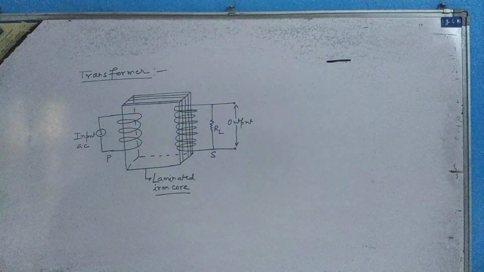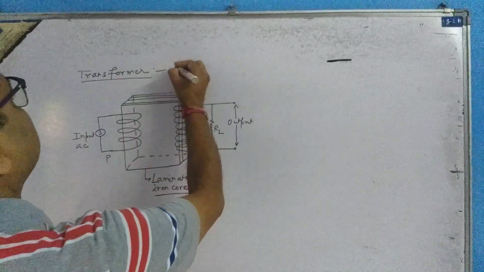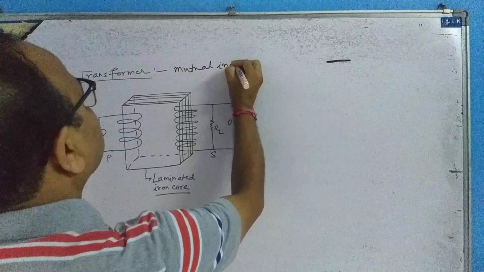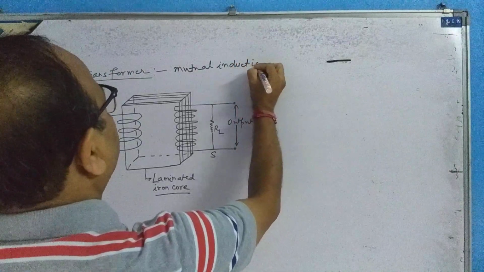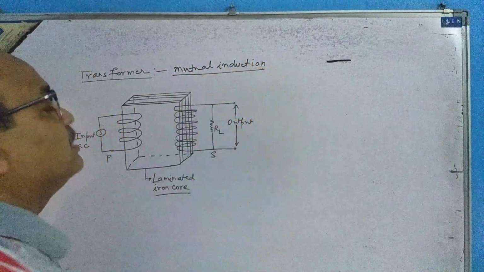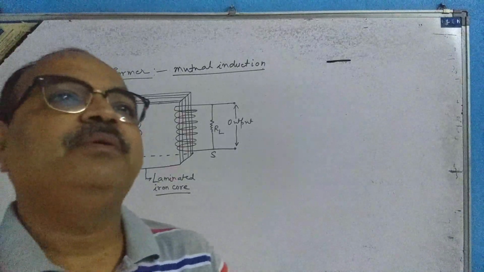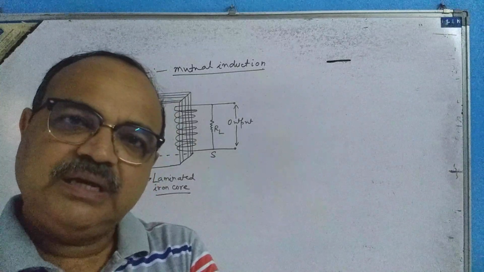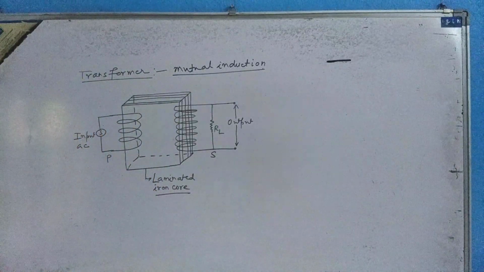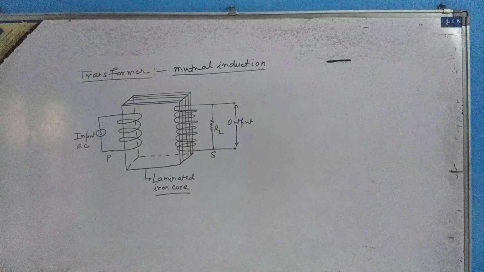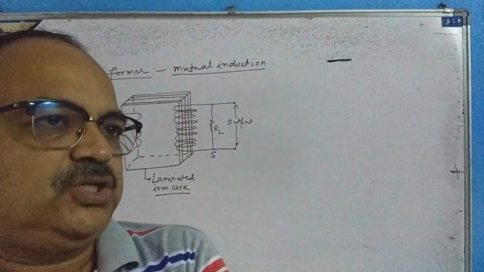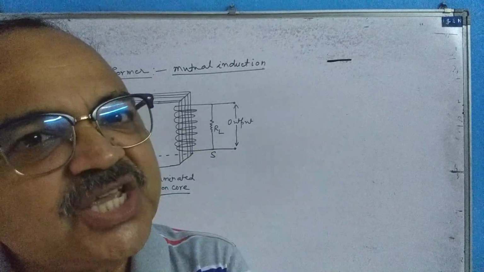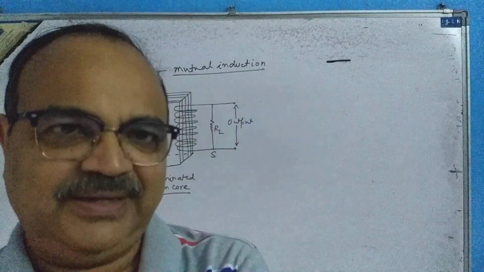This transformer works on the principle of mutual induction. Once I remind you the mutual induction, in case of the mutual induction, the current changes in the primary coil, due to which the flux through the primary coil changes, and that change in the flux links the secondary.